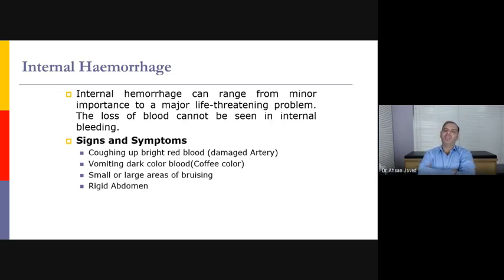So it depends where the internal bleeding or internal hemorrhage is occurring, and depending on that, there can be coughing up bright red blood. Usually, it will indicate that the injury has involved lungs, or it has involved major blood vessels around the area of lungs, in the chest, in the thoracic cavity, or in the area of the neck also.